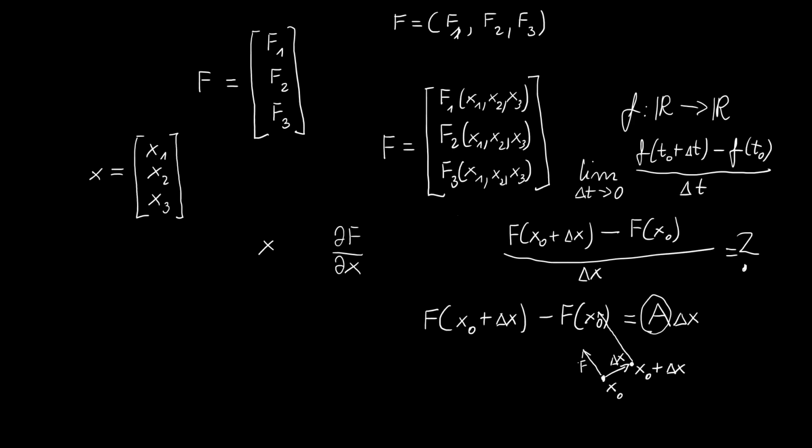So what is the entity that can act on a vector and multiply it? It is a matrix.